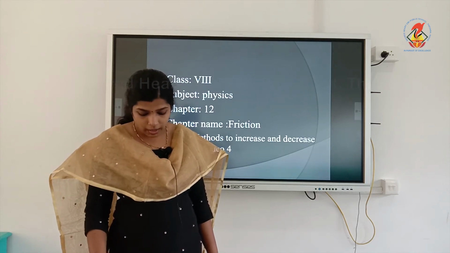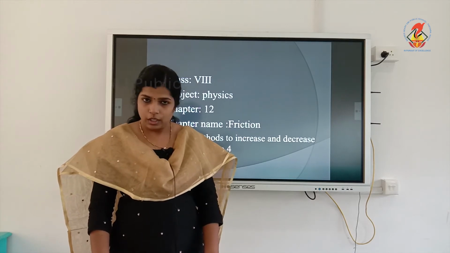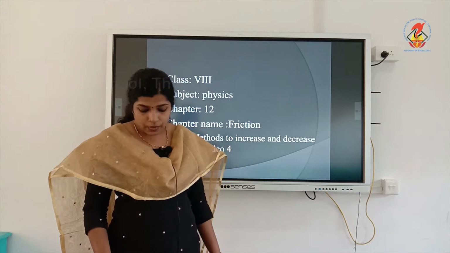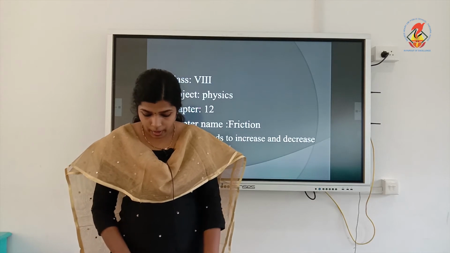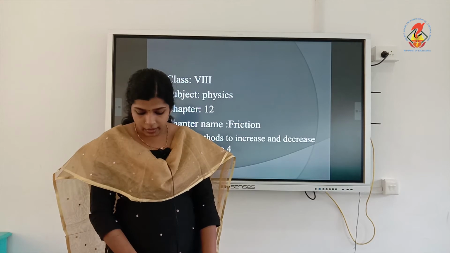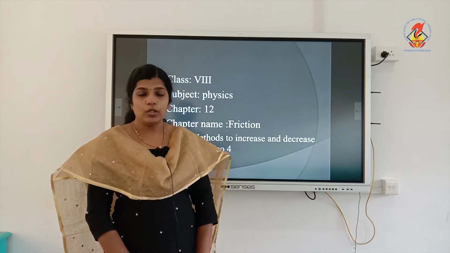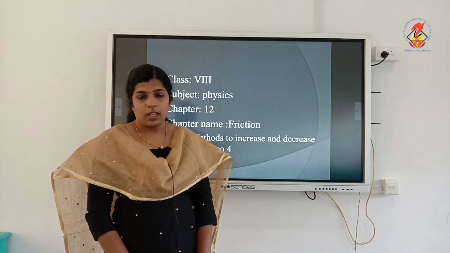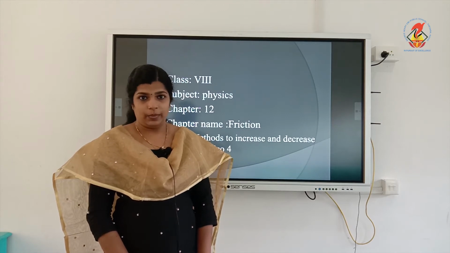Friction can be increased by increasing the roughness of the surface in contact. For example, the surface of the head of a matchstick and the sides of the matchbox are deliberately made rough to increase the friction and produce more heat, because of which the matchstick catches fire easily.